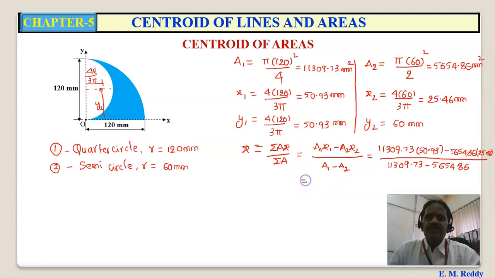So solving this, you will get X bar as 76.4 millimeters.